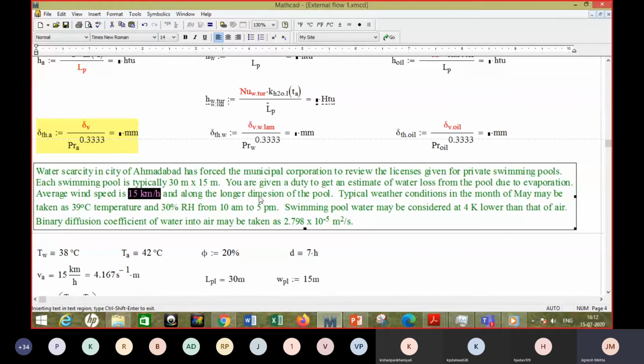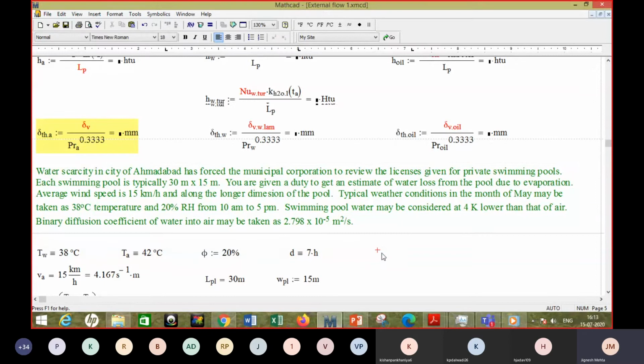The ambient conditions, because the water vapor pressure will depend upon the ambient condition, are 38 degrees Celsius and 20% RH. And you want to find out how much will be the loss throughout the day.